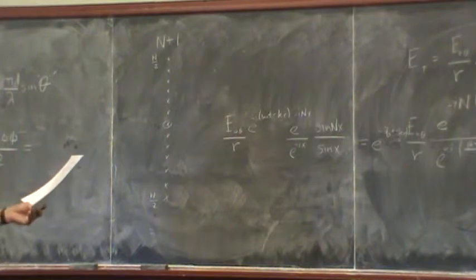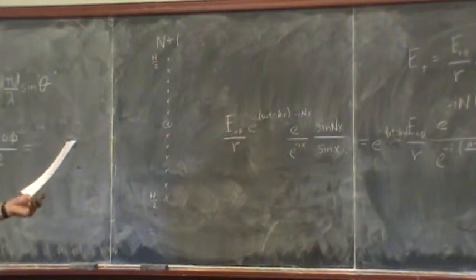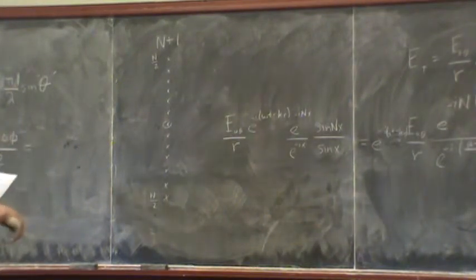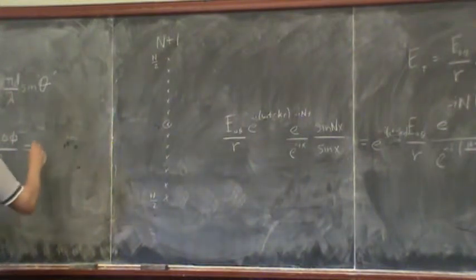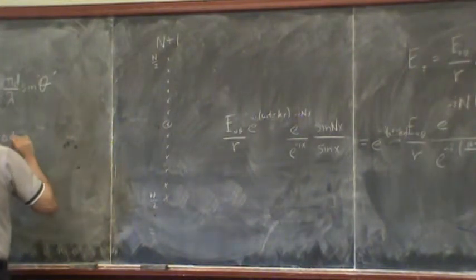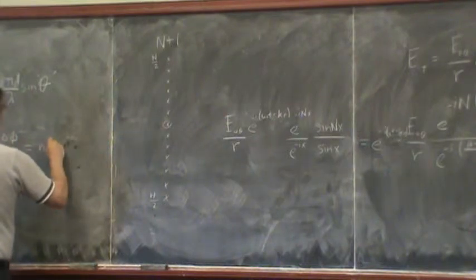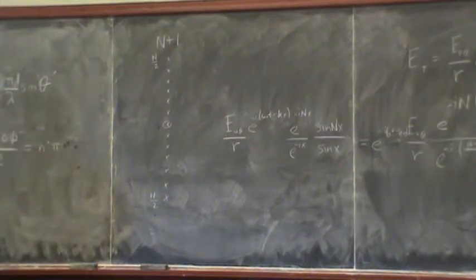Is equal to 0, pi, so multiples of pi. When that's true, I'm going to get maximum in the functions, in the amplitude. Maximum amplitude. It could be positive or negative, but it's going to be a maximum.